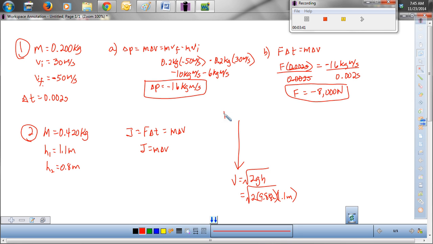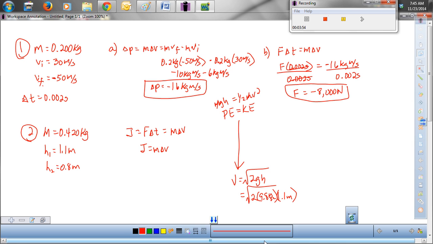Now where did that come from? Well, PE here has to equal KE there. So I have mgh equals 1/2 mv squared. Masses will cancel. Finish out your algebra. So I got the square root of 2GH for my velocity.